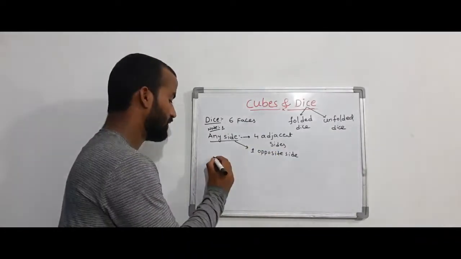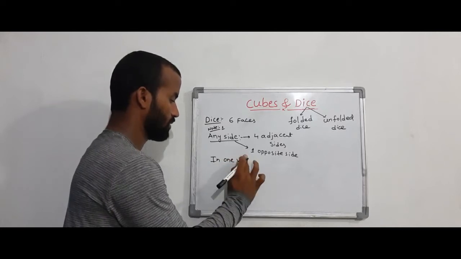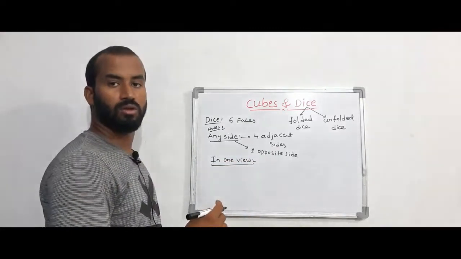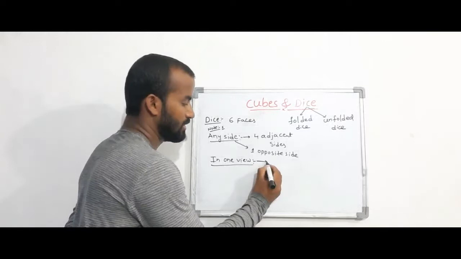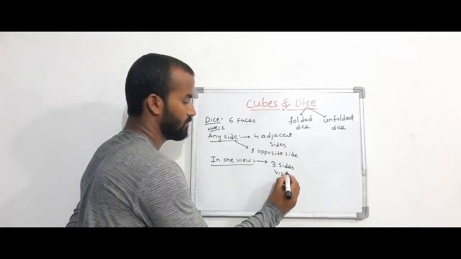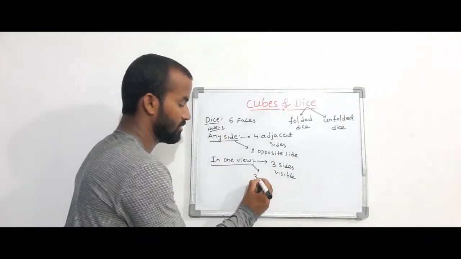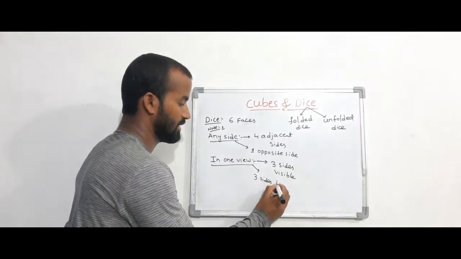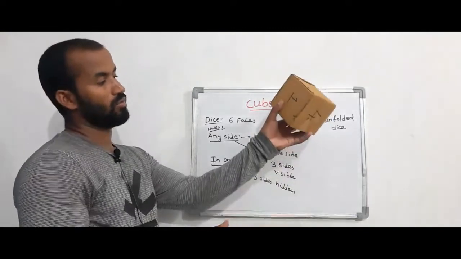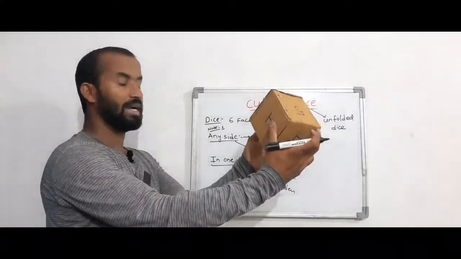In one view, I can see 3 sides visible and 3 sides hidden. If you take any view, you are able to see any 3 sides. 3 sides will be visible, 3 sides will be hidden.